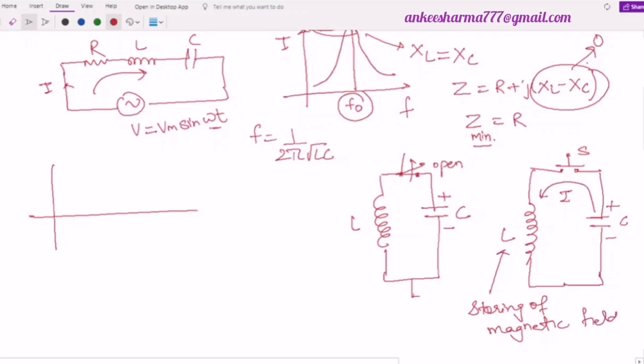We all know whenever an inductor has a current in it, as it is a conductor and the current is flowing through it, it produces a magnetic field. Now the magnetic field will start generating from here. It means this inductor will have the magnetic field around it, and due to this magnetic field a back EMF will be generated, due to which this inductor will start storing the energy in the opposite direction.